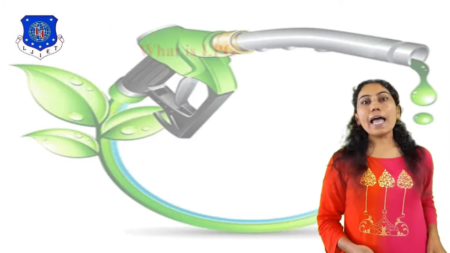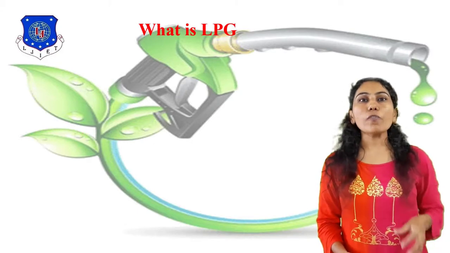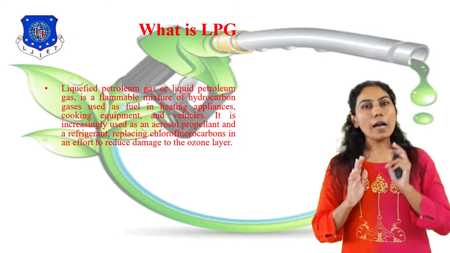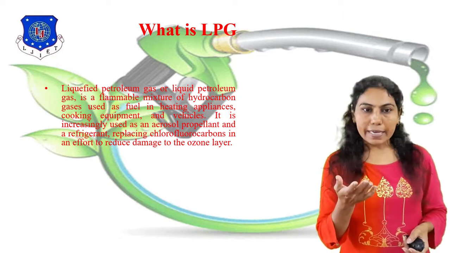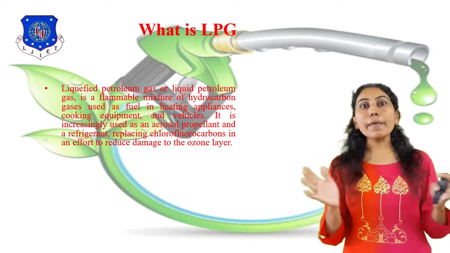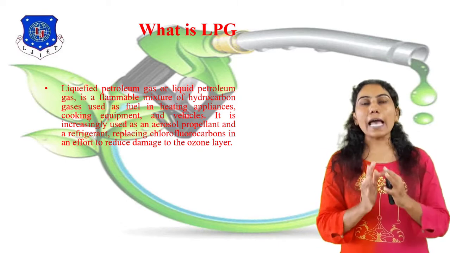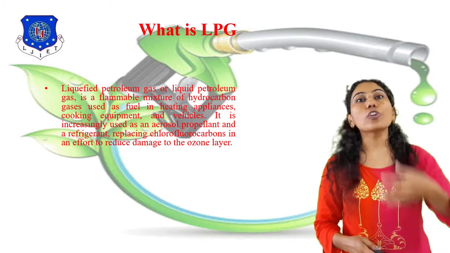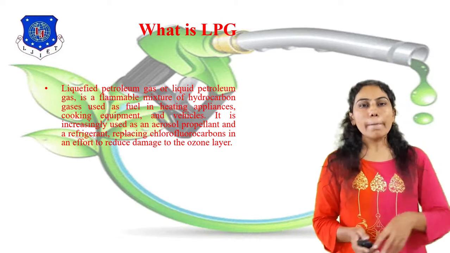First we discuss the simple definition of LPG. What is LPG? What is the full form of LPG? LPG is liquefied petroleum gas. It is a flammable mixture of hydrocarbon gases used as a fuel in heating applications, cooking equipment and also vehicles.